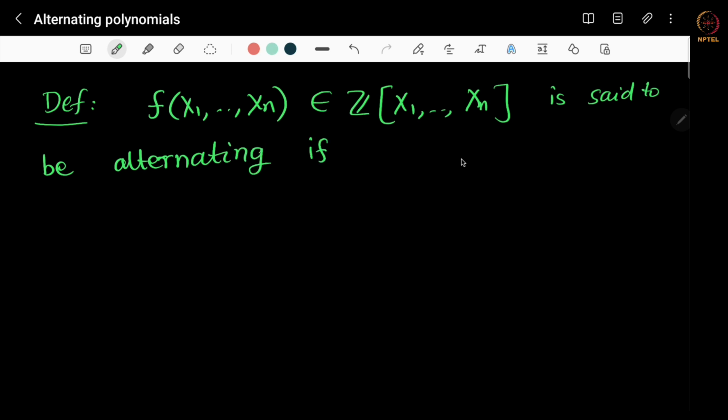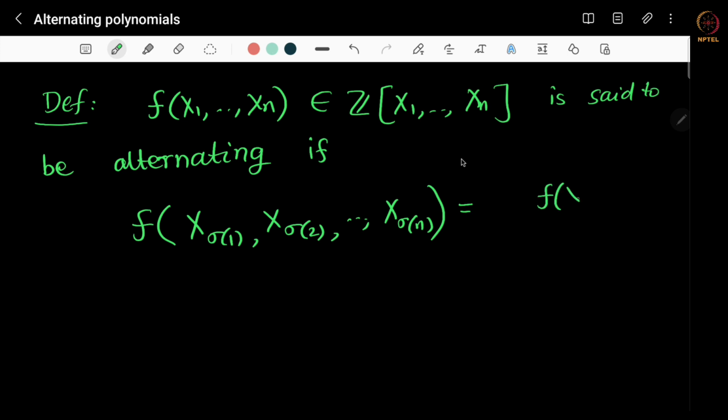Okay, so what's the condition? We permute the variables. So instead of x1, x2, ..., xn, I write x sigma 1, x sigma 2, ..., x sigma n, and when I do this, I don't necessarily get back f of x1, x2, ..., xn, but I get that with a sign.